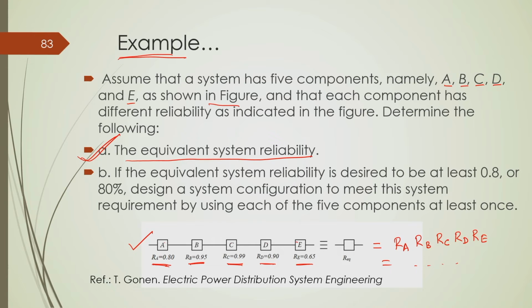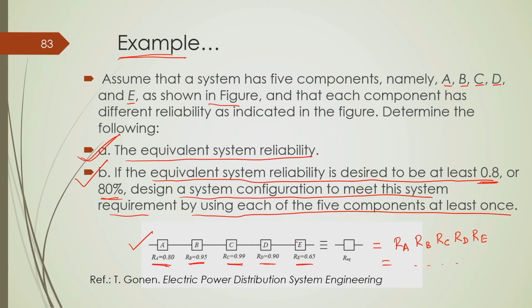Okay. Now, the main interesting point is question number B, which says that if the equivalent system reliability is desired to be at least 0.8 or 80%, then design a system configuration to meet this system requirement by using each of the 5 components at least once.